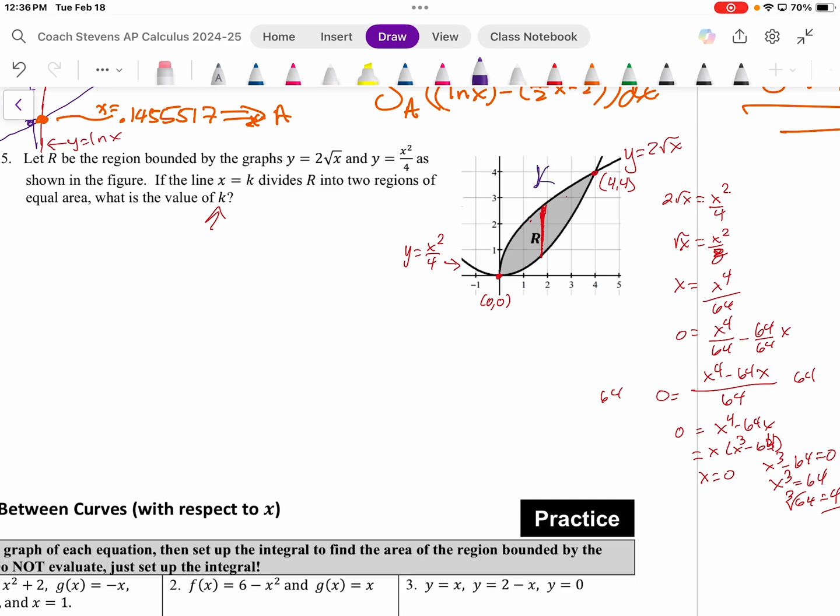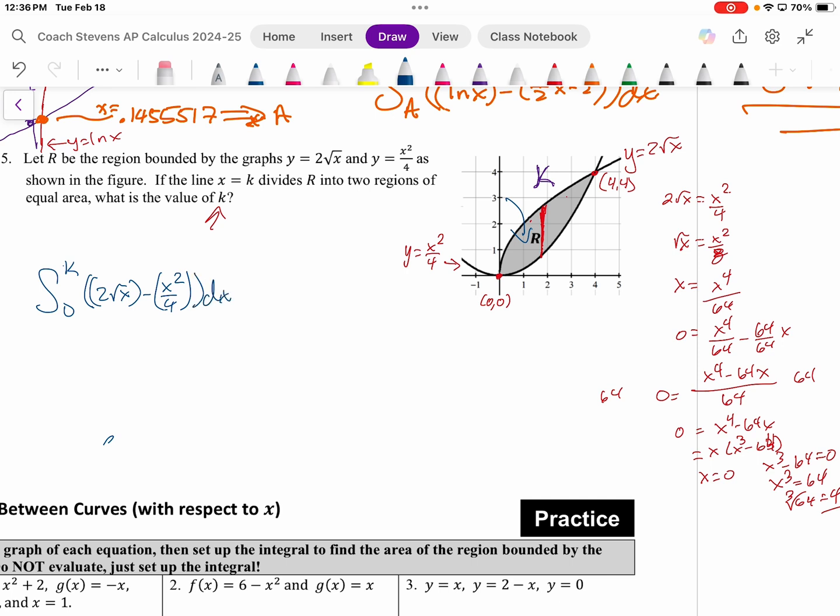Again, we find k a lot of times in other different situations. So as we start on the left-hand side, the first part, we would say the integral from 0 to k. Oop, that's a 4. The integral from 0 to k of, okay, what equation's on top? 2 root x minus x squared over 4 dx.